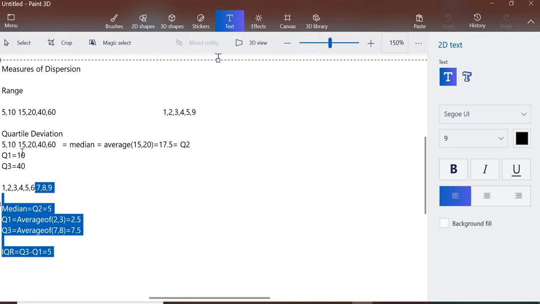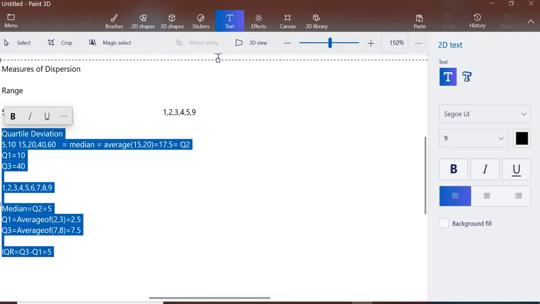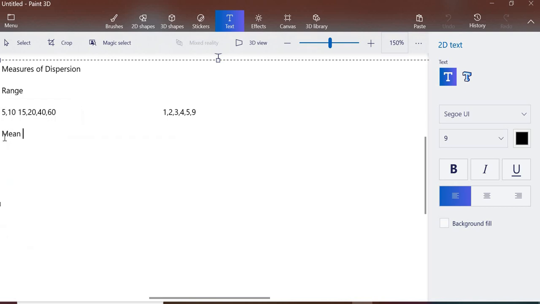Okay, now let's discuss the last measure of absolute dispersion, which is called the mean deviation. By the looks of it, mean deviation calculates, for each and every data point, how far the data points are from the mean. So let's take the example of this data set itself.